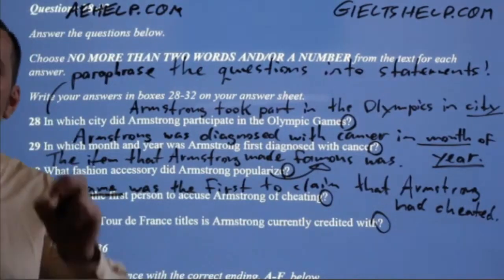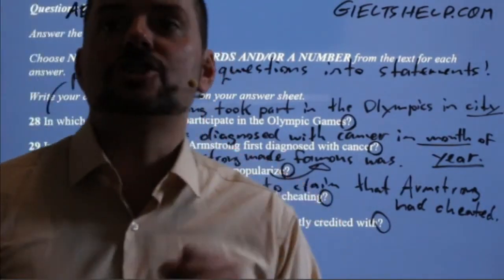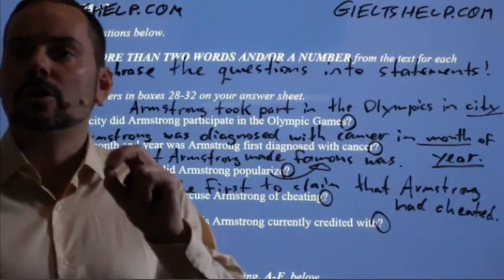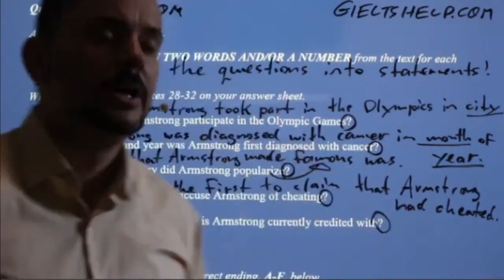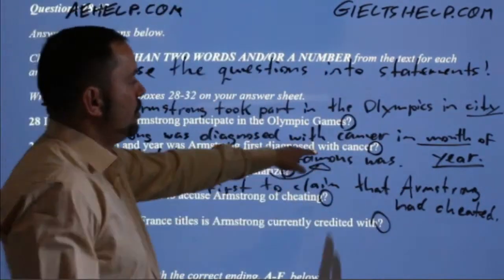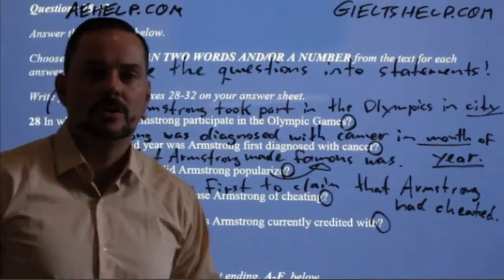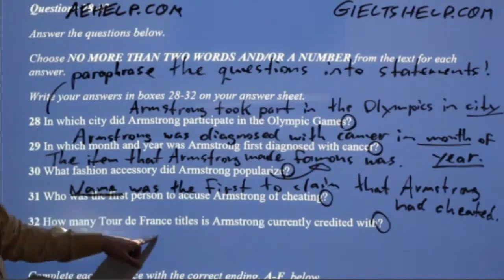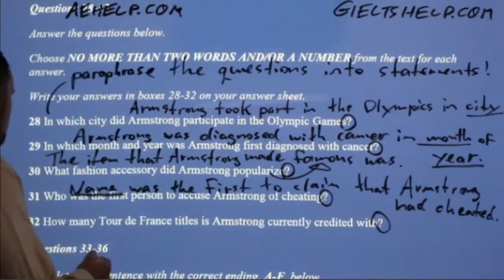Okay, so Nick Hill, that is good paraphrasing, changing the question into a statement. Okay, Hassan, you're paraphrasing, but you're keeping the question form. Lose the question form. We're changing it into a statement here. Okay? All right. How many Tour de France titles is Armstrong currently credited with?